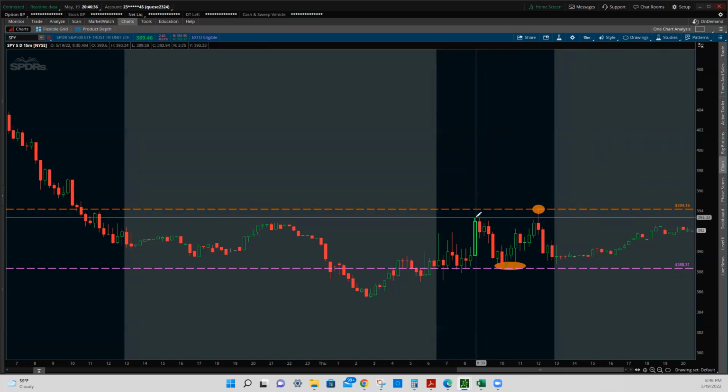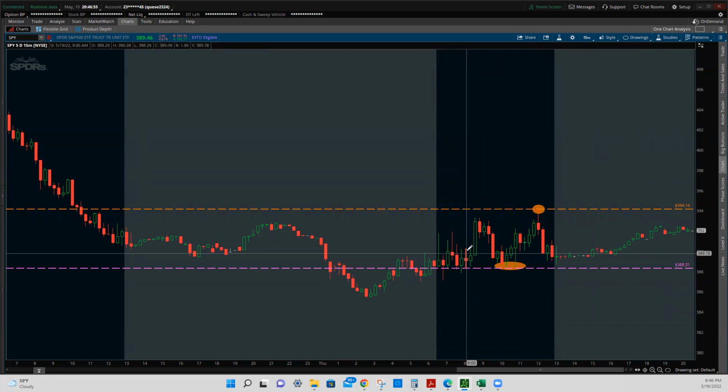You can see that price was decreasing, right? At 9 o'clock, we were at 393, and then price fell from this price level. It dropped all the way down to $388, right? But when it got to this point, it bounced, meaning it changed directions.